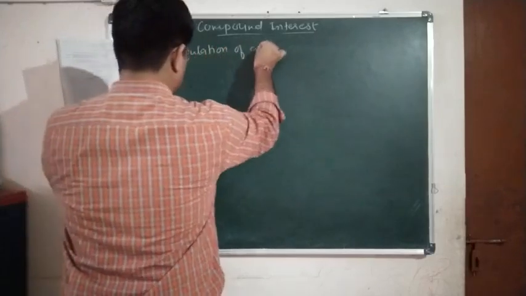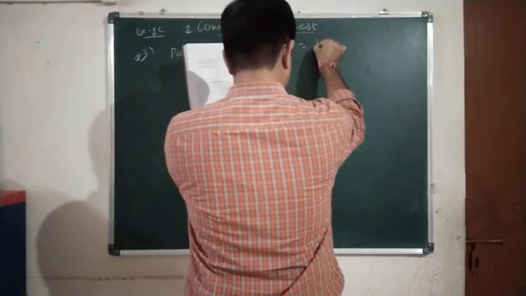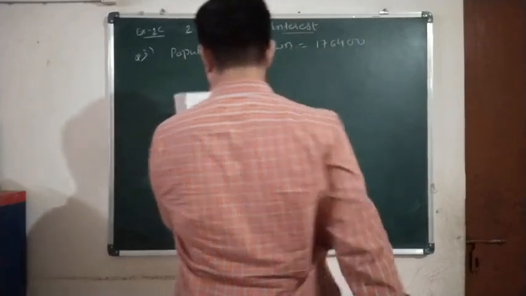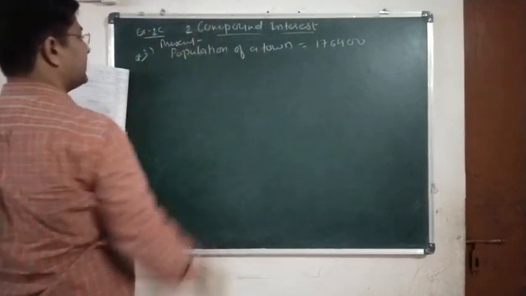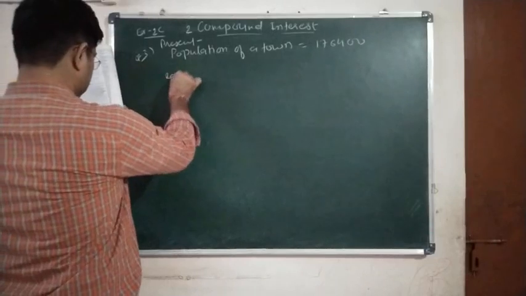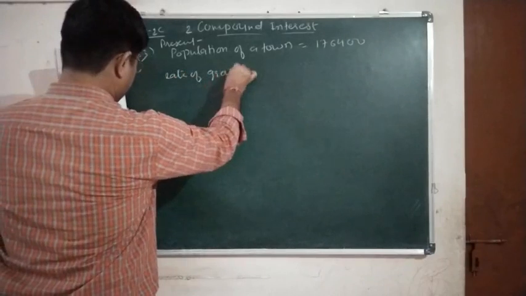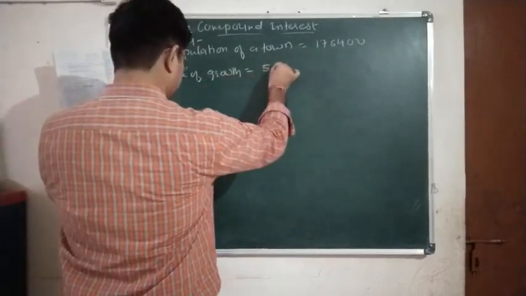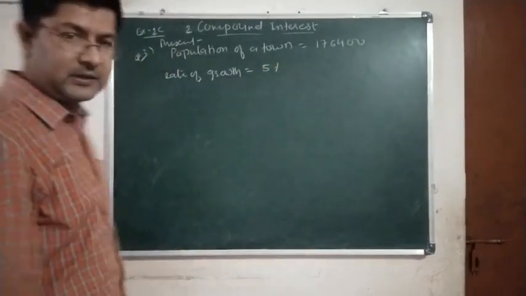Yes or no? Present population of a town. The rate of growth is given to be 5%. We have to calculate the population after 2 years and the population 1 year ago.